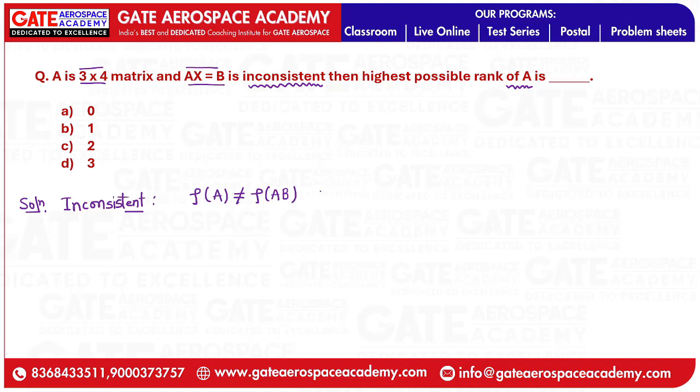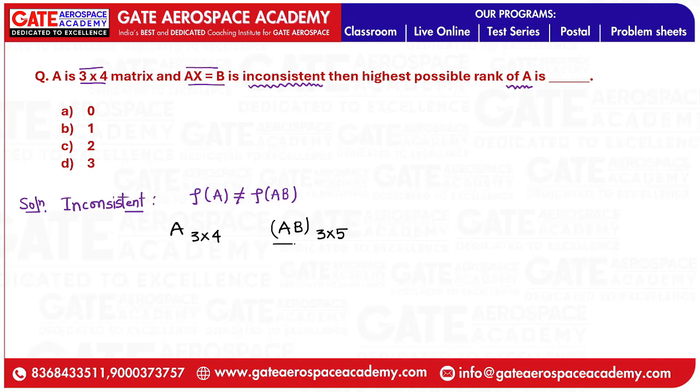Now he has given, reading the question, that the order of A is 3 cross 4. When we go with the augmented matrix [A | B], one column is added, so you get 3 cross 5. We solved one question on augmented just now.